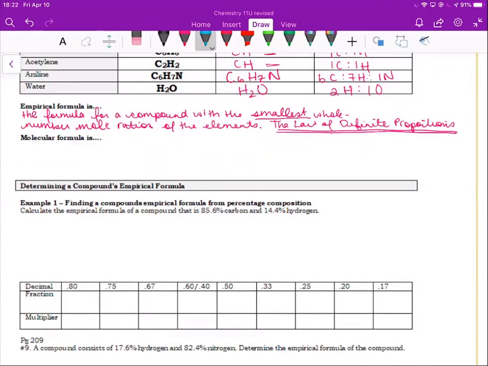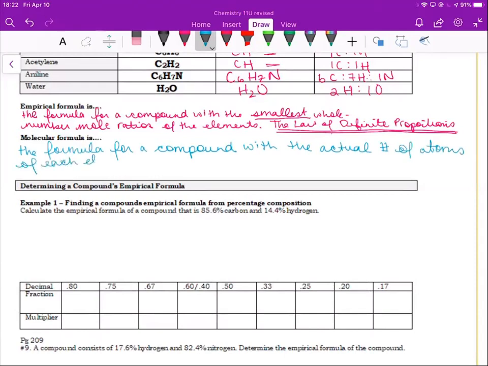So the molecular formula is the formula for a compound with the actual number of atoms of each element in a molecule, or formula unit, of the substance.